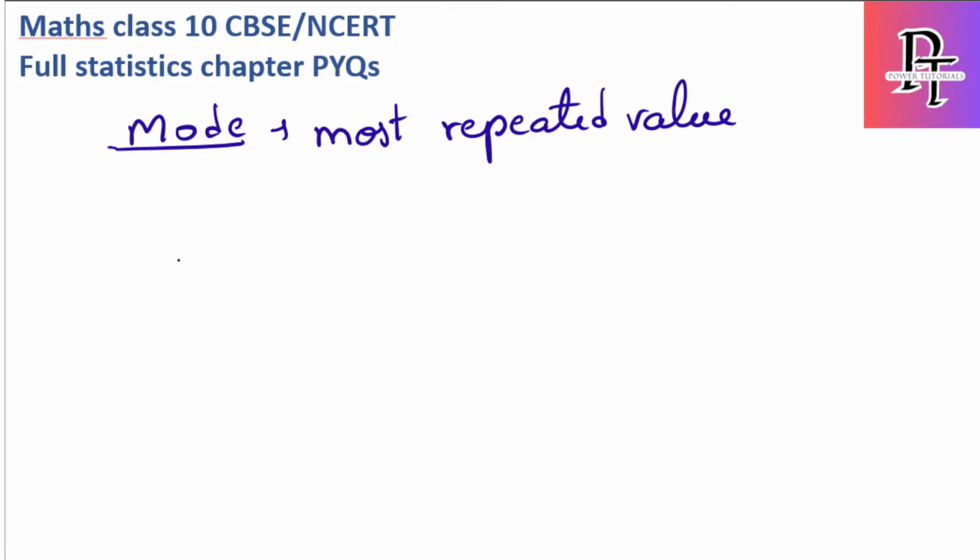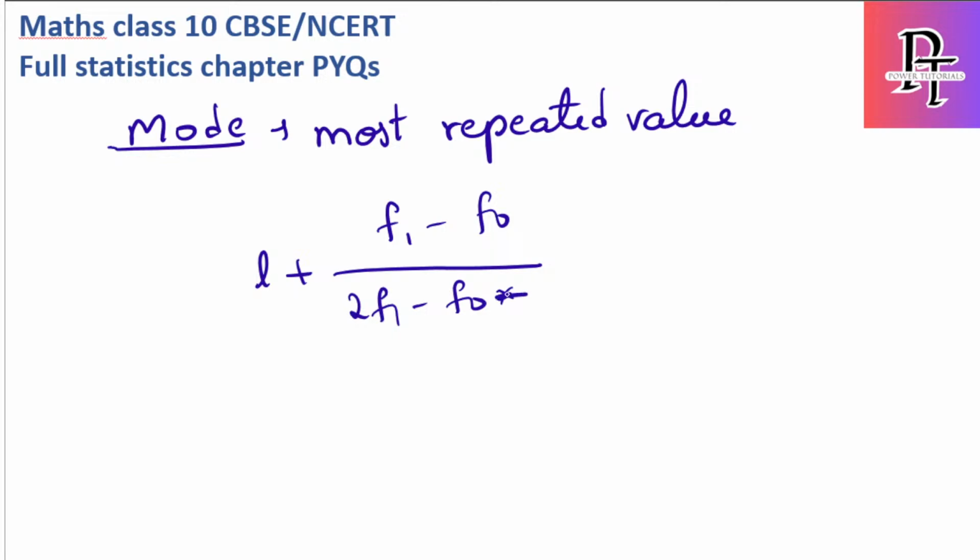For grouped data, the mode formula is L plus (F1 minus F0) divided by (2 F1 minus F0 minus F2), into H, where H is the class interval size.